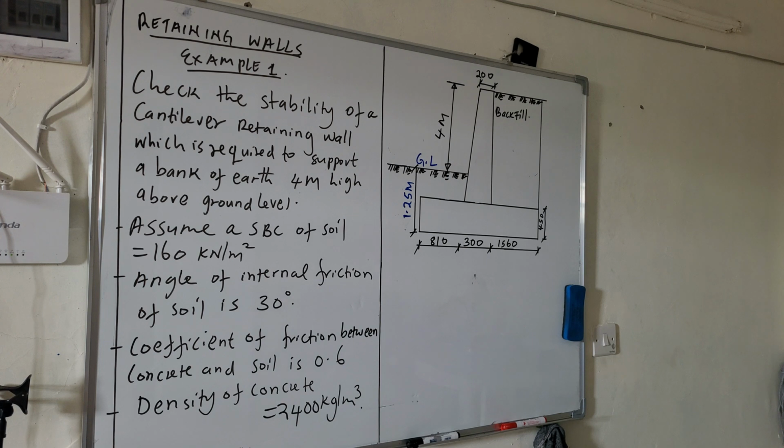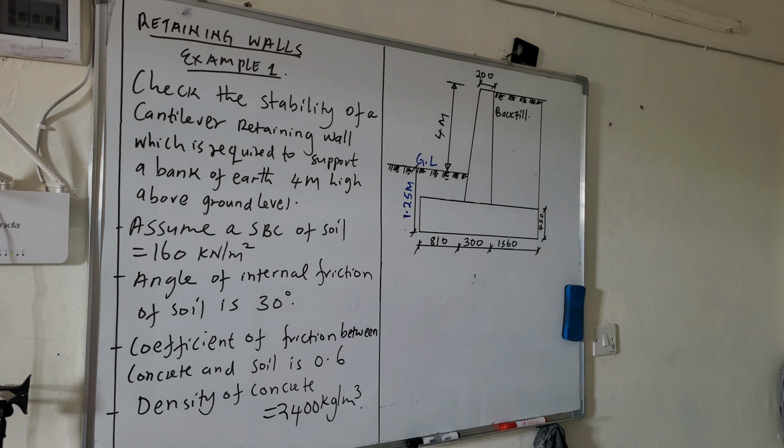So let's see how we can tackle such a question. The first thing to do is to identify information that will help us to check the stability of this wall. One of the information is the force which is exerted on this retaining wall.